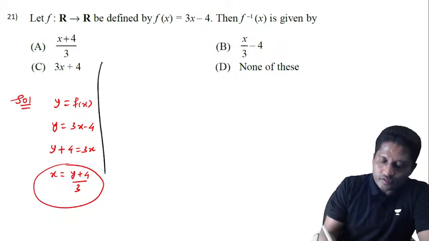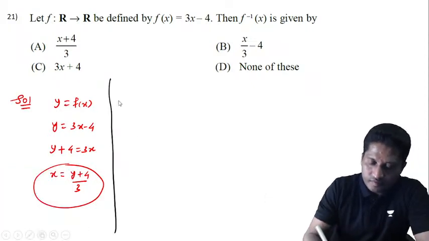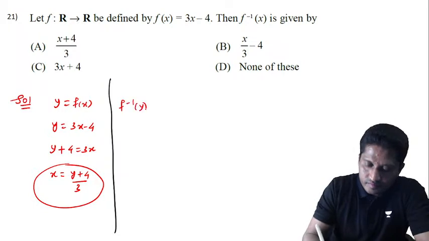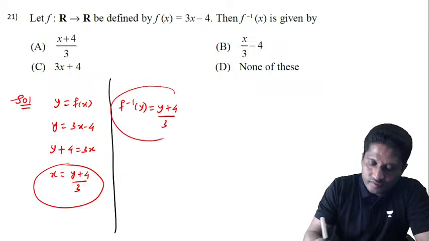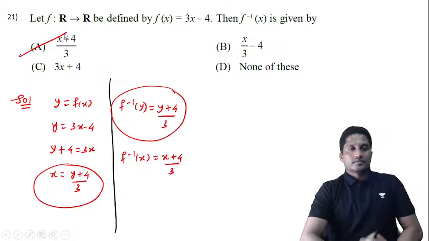So y as a function of x, I write x as a function of y. This itself is the inverse, f inverse of y is equal to y plus 4 divided by 3. Therefore, f inverse of x is x plus 4 divided by 3. Answer is option A.